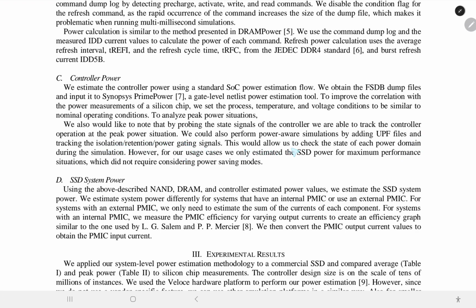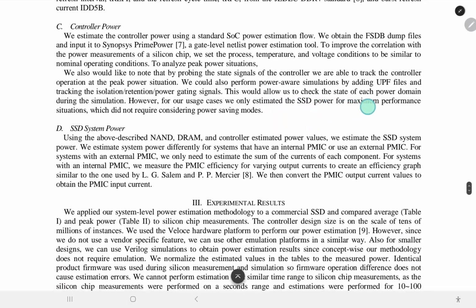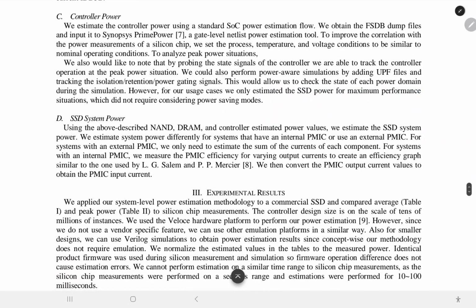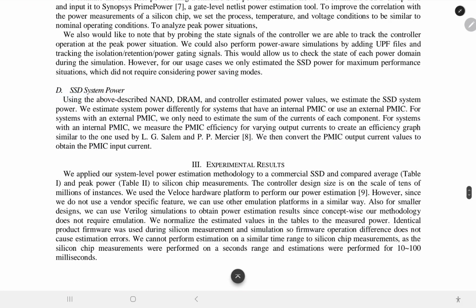This would allow us to check the state of each power domain during the simulation. However, for our use cases, we only estimated the power of the maximum performance situation, which did not require considering power saving modes.